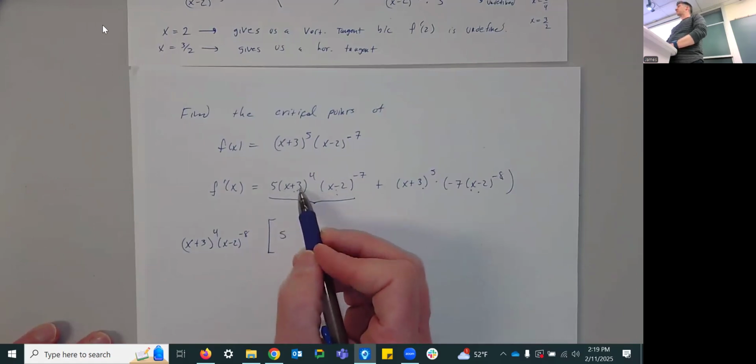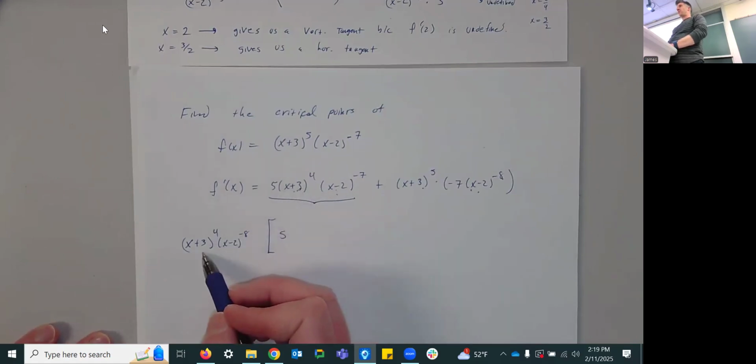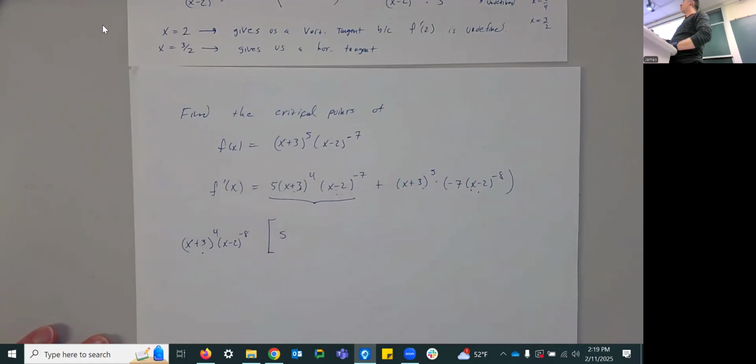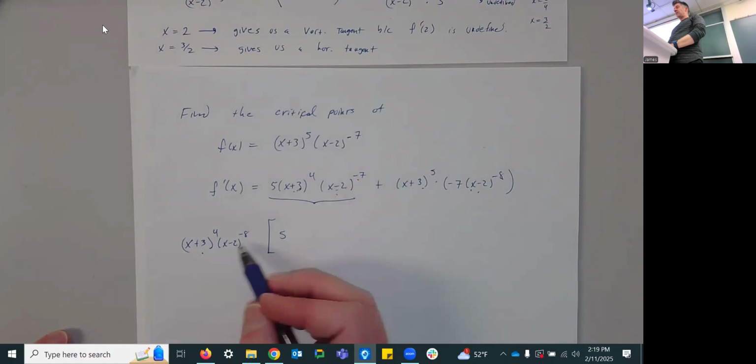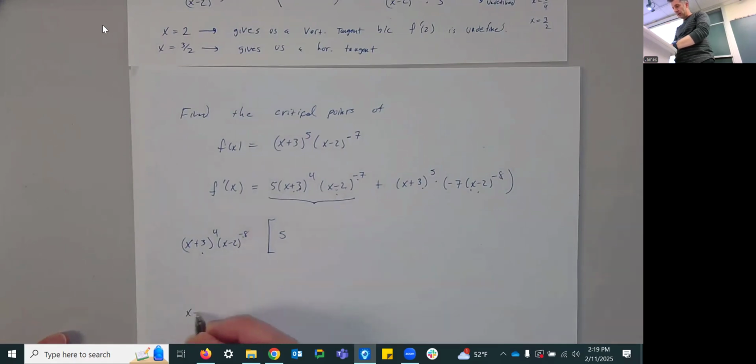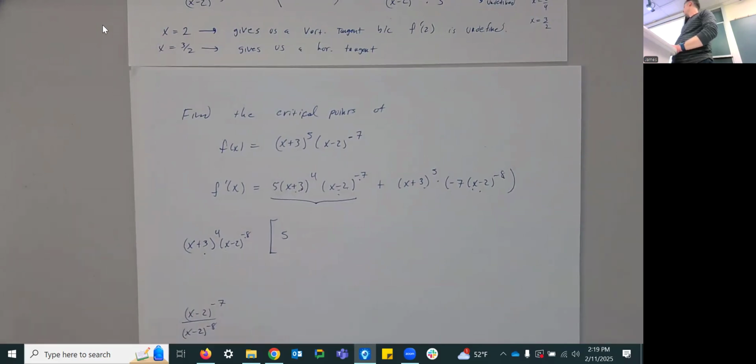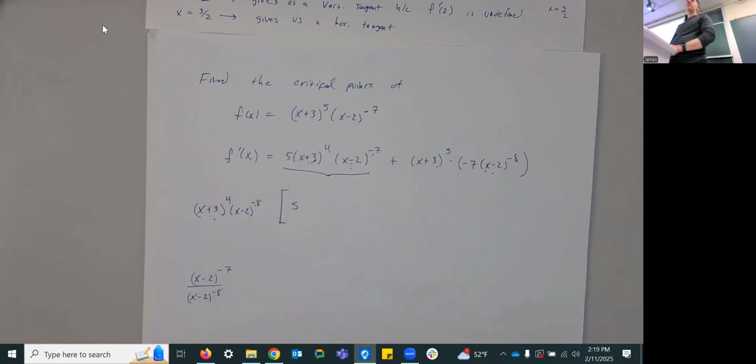I divided x plus 3 to the 4th by x plus 3 to the 4th, so there's a 1 left, if you want to say like the number 1, not like the first power. And then x minus 2 to the -7th divided by x minus 2 to the -8th. What did I do with those powers? And what's -7 minus -8?